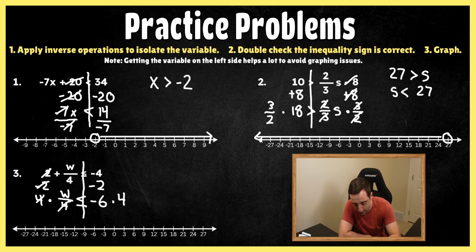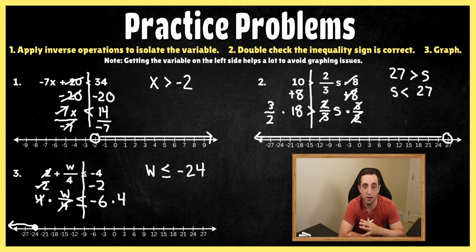The 4's are going to cancel, and we are left with w is less than or equal to negative 24. We did not multiply both sides by a negative, so nothing needs to be flipped here at all. So we're going to have a closed circle this time on negative 24, and it is going to the left. If you went 3 for 3 on this, very, very nice job.